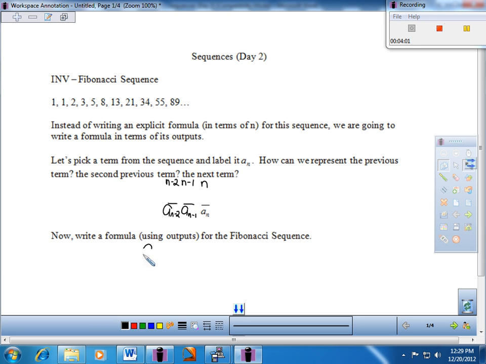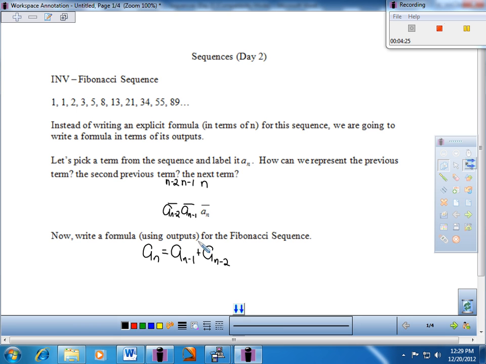On your paper, everyone, write a sub n equals, and by definition, translating the verbal description above, to get the value of any term, I add the value of the two previous terms. So that notation would go for the first previous term, and this notation would go for the value of the second previous term. That looks great. In essence, the value of any term is the value of the previous term plus the value of the second previous term.